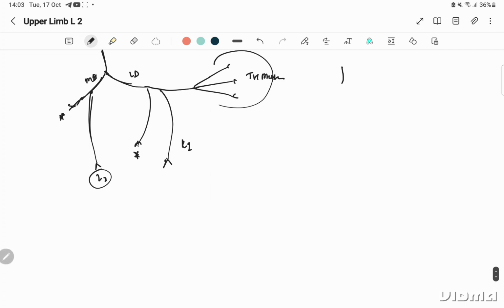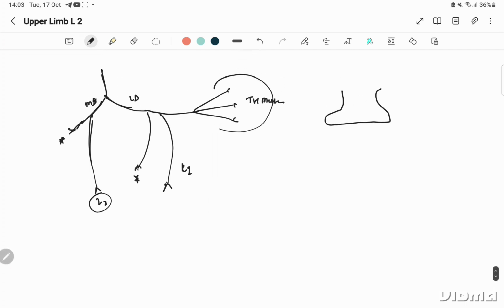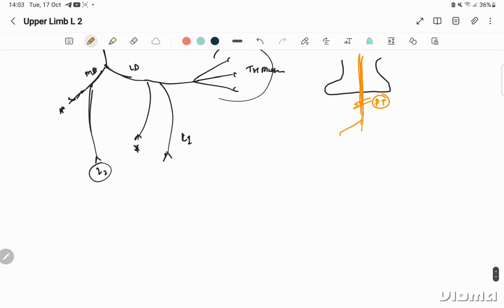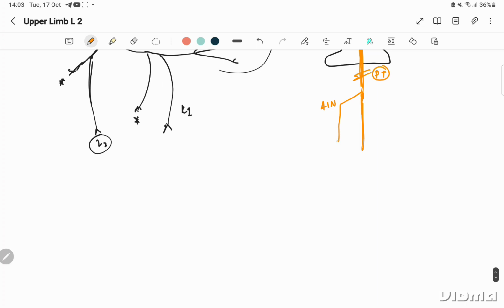Let's draw a schematic diagram again. Let this be the humerus. So the median nerve will pass like this, between the two heads of pronator teres, and will divide into the anterior interosseous nerve, which will drop down here. The anterior interosseous nerve would supply the lateral half of FDP.